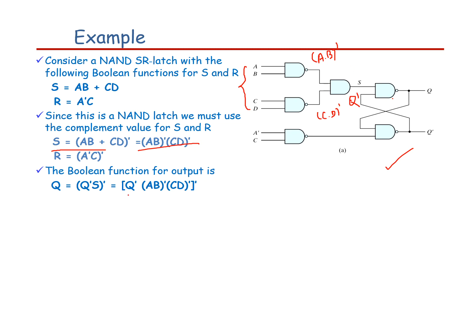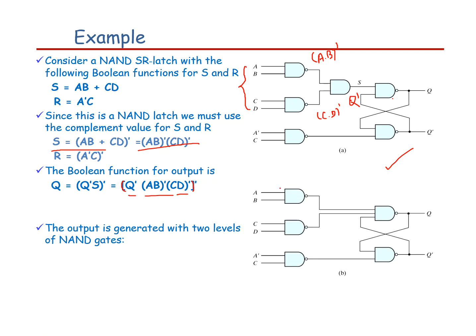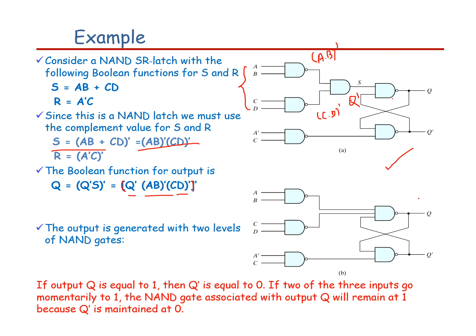That is why it is given as Q bar, AB to the whole bar, and CD to the whole bar, and all these terms are complemented because it is a NAND operation at Q. The output is generated with two levels, so this can also be generated with two levels of NAND gates. This NAND gate is eliminated, and hence we give directly to S, which eliminates the propagation delay, and hence the hazards can be reduced.